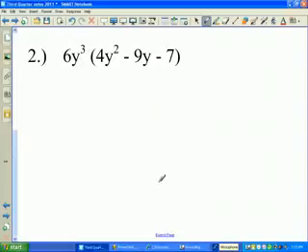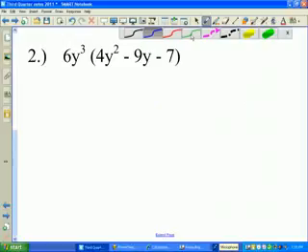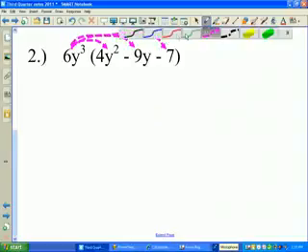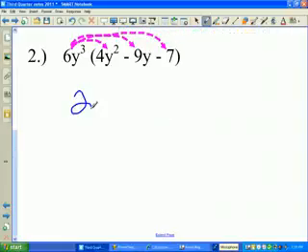And the last one, number 2. So we had 6y cubed times 4y squared minus 9y minus 7. We'll show the distribution this way. So we're distributing everything inside the parentheses. So let's go. 6 times 4 gives me 24y to the 5th, because we're adding the exponents, minus 6 times 9, 54.